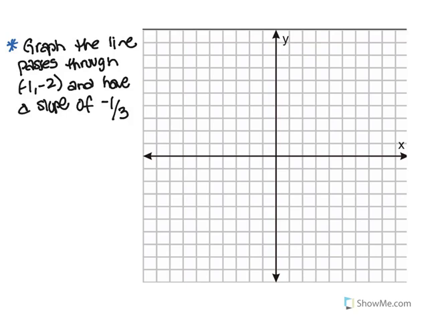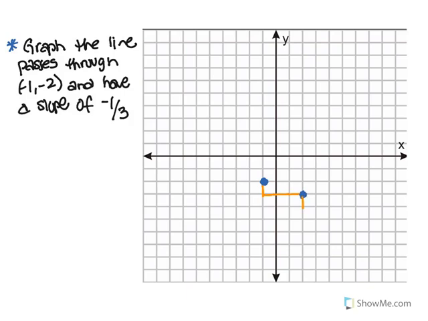So we did one of these in class. So you're just going to plot those points first. So we would go to -1, -2. That's where that point would be. And to do a slope of -1/3, that means I would go down one line and to the right 3 lines. 1, 2, 3. So that's where the next point would be.